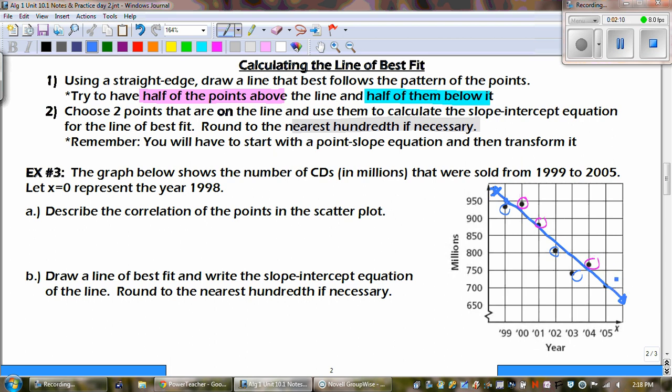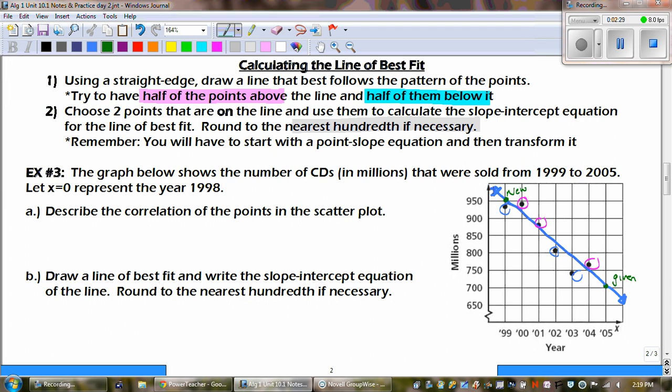Okay, so this 1 point down here at the bottom was given to us, and then I made a new point right up here to help draw the line. Okay? It's okay. So let's look at what it says.